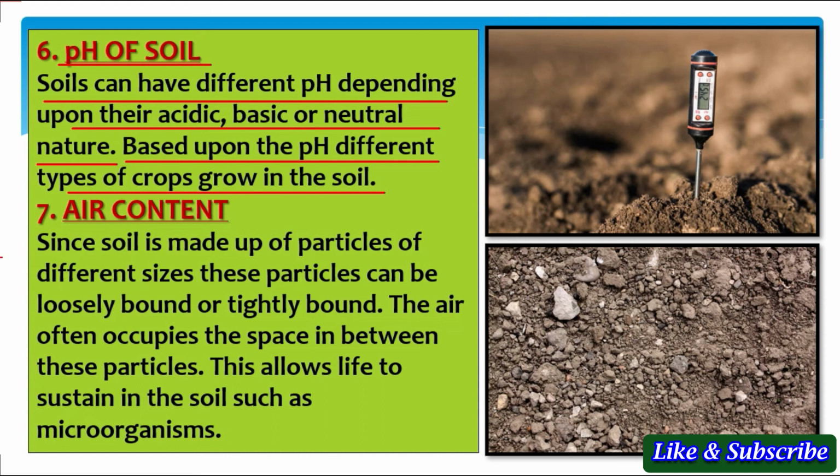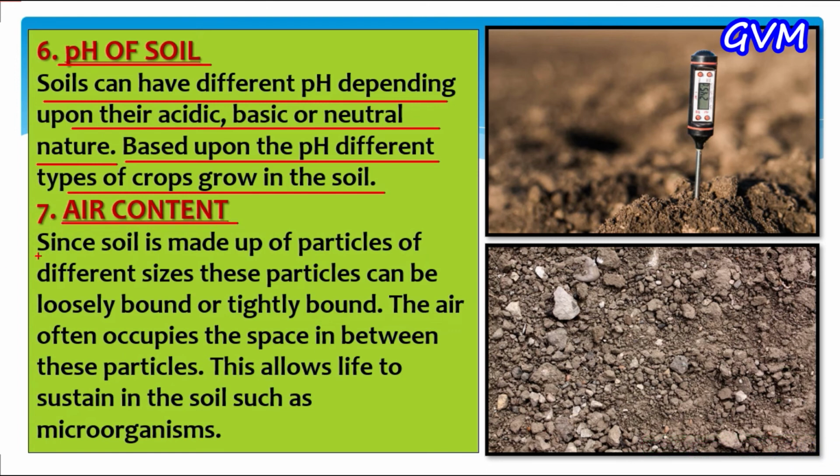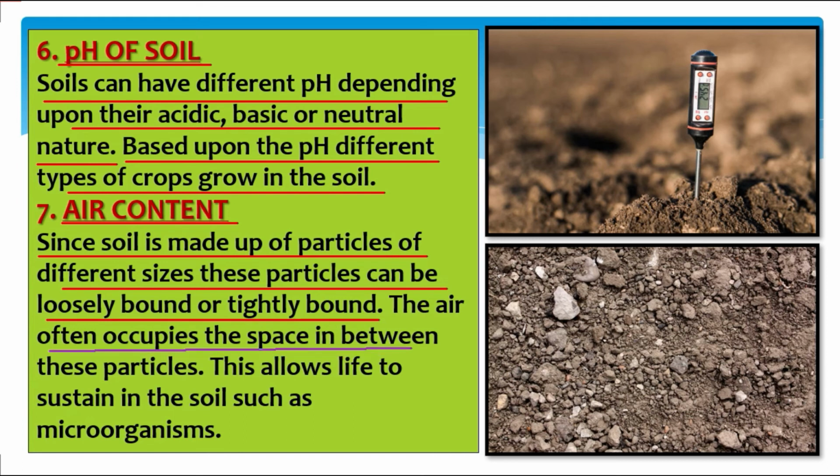Now students, the next property is air content. Students, as we discussed earlier, soil is made up of particles of different sizes, and due to these particles the soil can be loosely bound or tightly bound. So the air often occupies the space in between these particles.